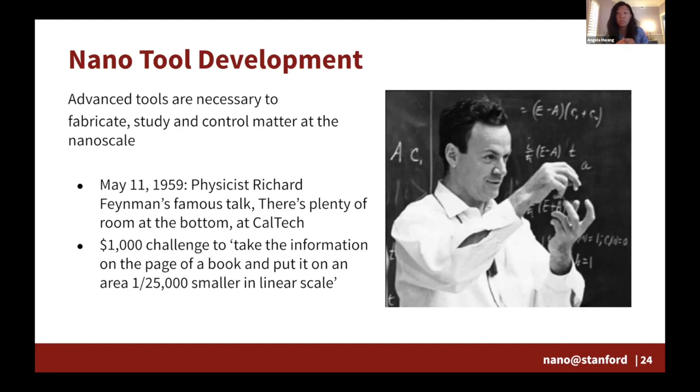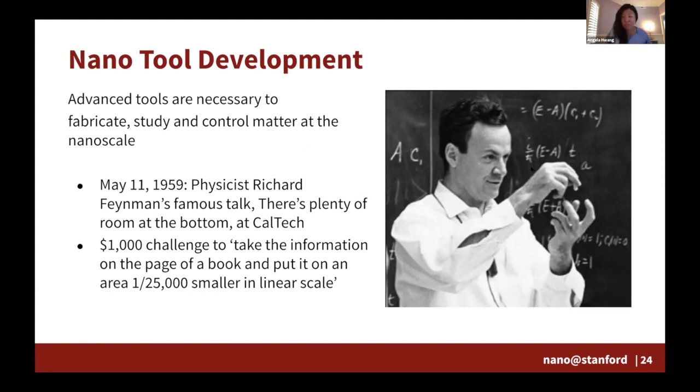Both of those things had nanotechnology in them, but we didn't know about them. They're ancient, hundreds, maybe thousands of years old, but we just didn't really know what was going on. And so a big part is these tools that we can use to fabricate, study, and control matter at the nanoscale, right?